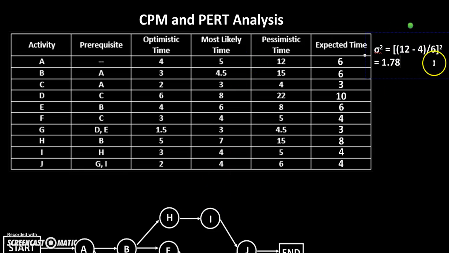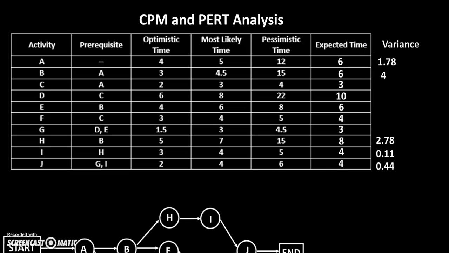So I will ask you to pause here briefly and calculate the variance for the other activities in the critical path. Okay, so our variances become 1.78 for A, 4 for B, 2.78 for H, 0.11 for I, and 0.44 for J.